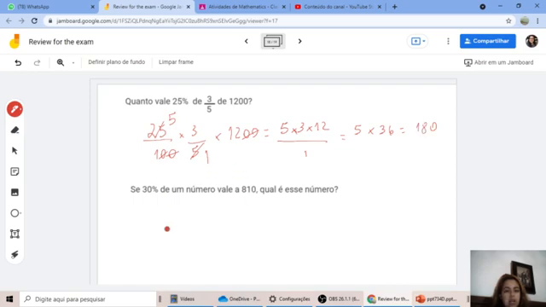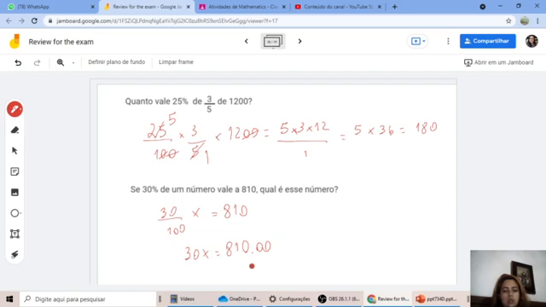Okay? How much is 30% of a number that equals 810? So 30% of a number is equal to 810. What number is this? So I'll do 30x equals 810 times 100. I put 2 zeros again, so 81,000.